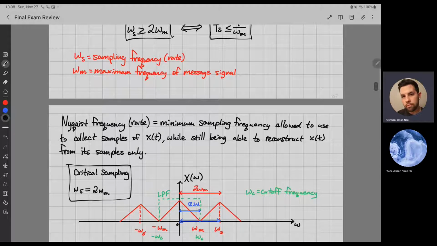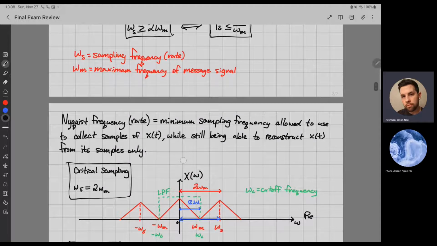Whenever you're doing sampling, this is basically explaining why the Nyquist frequency is important. So here is the frequency domain, and when you're in the frequency domain, omega is here and x of omega is here, right? This is not real and imaginary. That's the complex plane or complex domain.